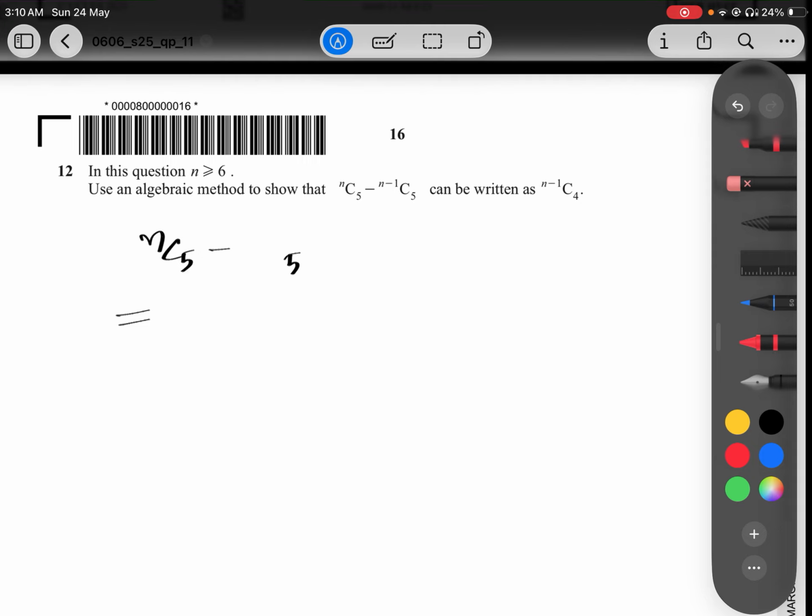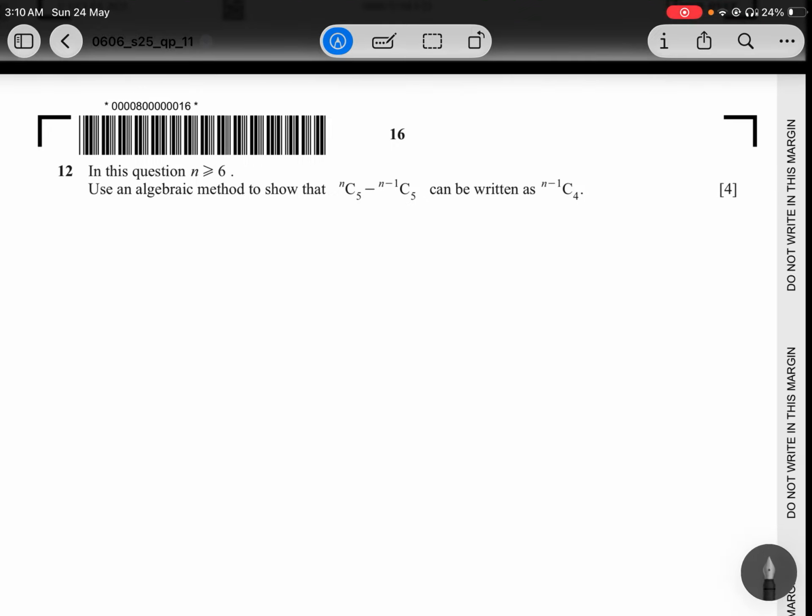Okay, let me think a little bit. So in C5 minus n minus 1 C5, how many marks, I mean, this is a 4 marks question. nC5 can be written as n factorial over 5 factorial, n minus 5 factorial.